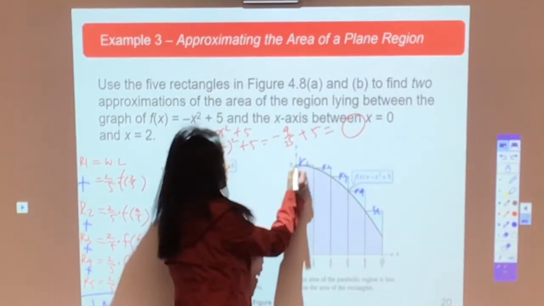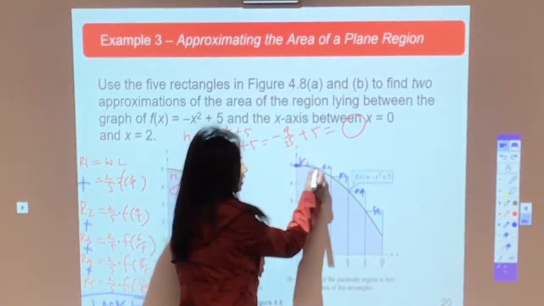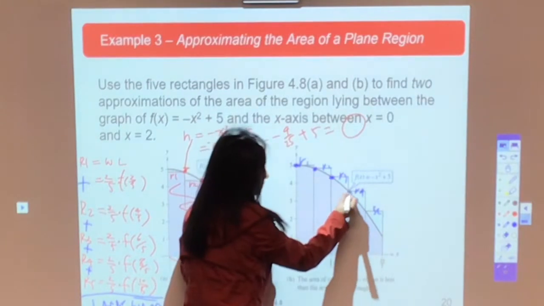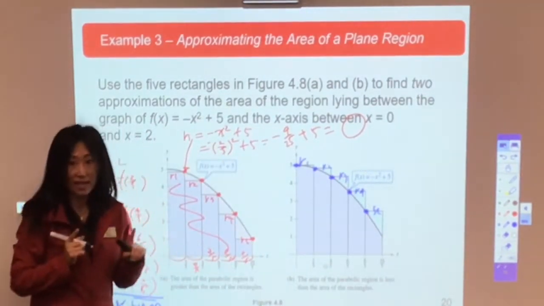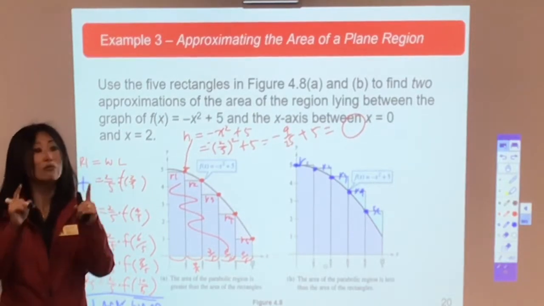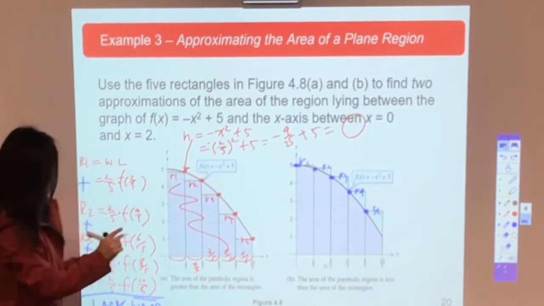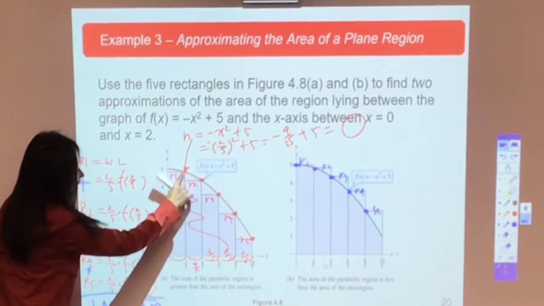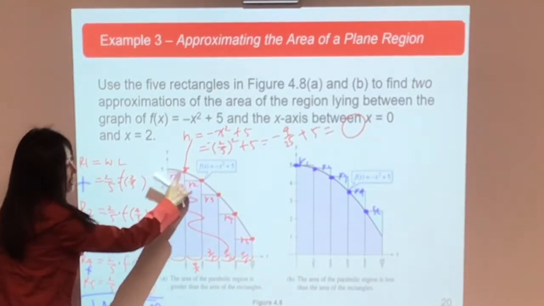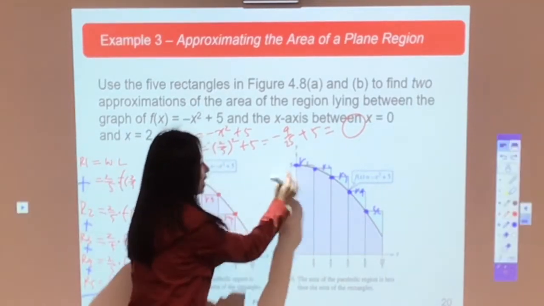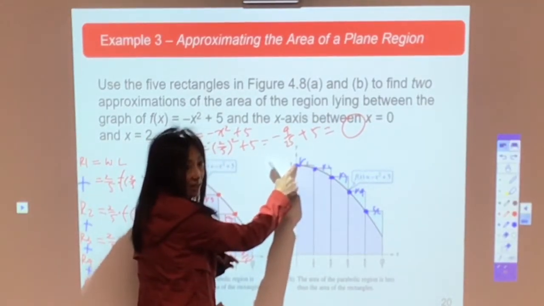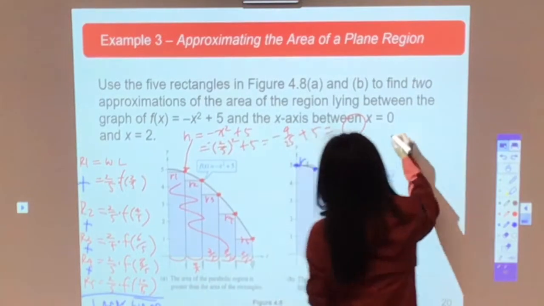Left-hand side, am I right, class? Did everybody see that? So you need to understand what my height is. When you draw this rectangle, you're looking at the right-hand side to figure out my height. In this case, what is my height? Left-hand side. All right, so how would you find the area of the very first one?